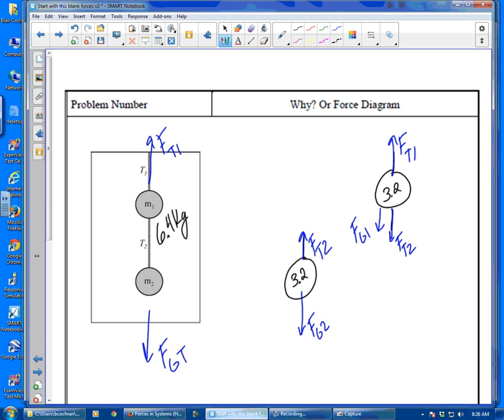So in the first case, we're going to have in all of these an acceleration down. And technically, we should draw new ones for the second and third situations, but we'll make do with these.